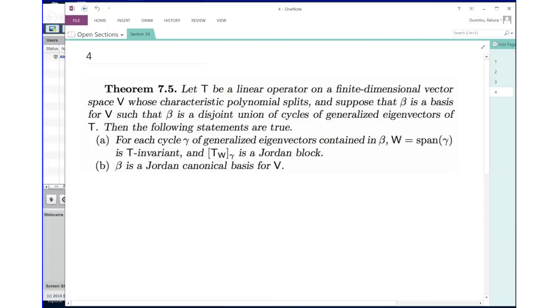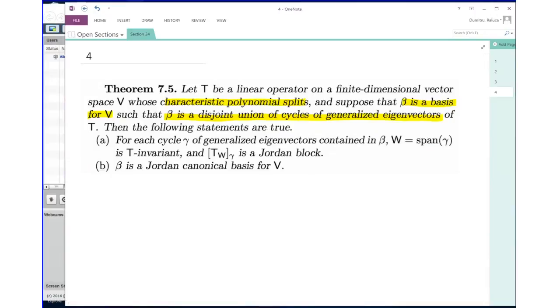So now, we have a linear operator T on a finite dimensional vector space. The only assumption is that the characteristic polynomial of T splits. Now, we're going to form a basis for V in such a way that for each generalized eigenspace, and put them together, take the union, the basis will consist of a disjoint union of cycles of generalized eigenvectors.